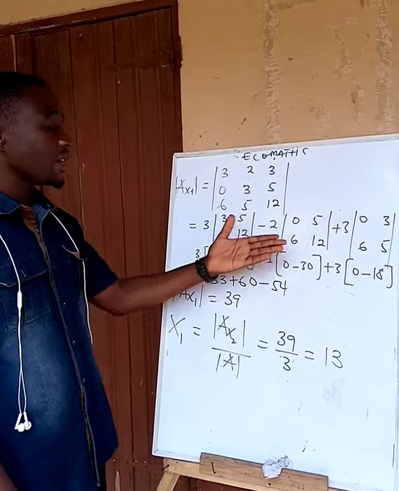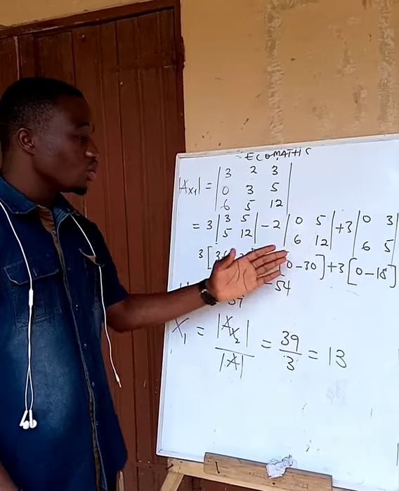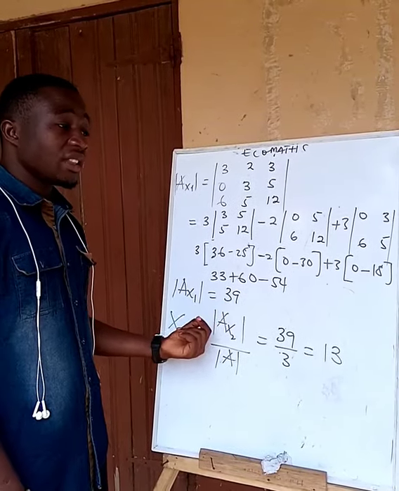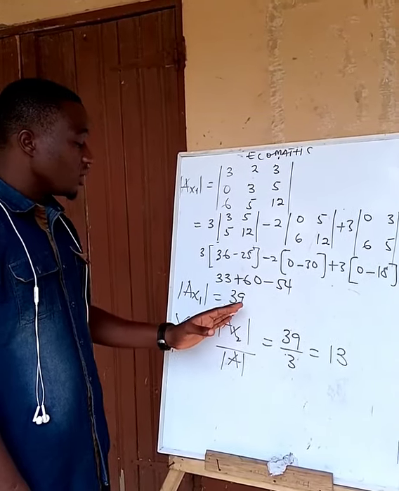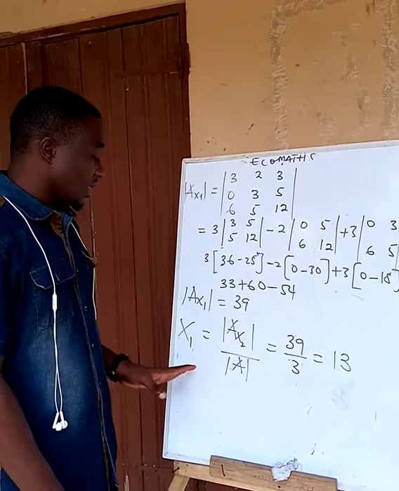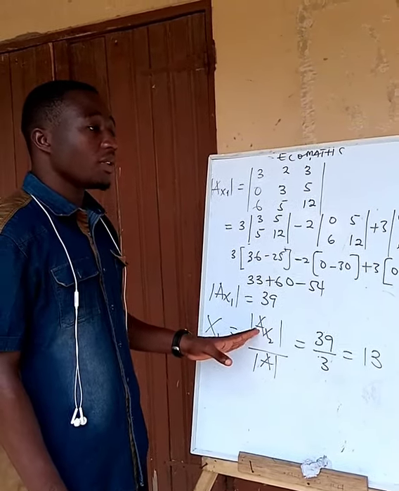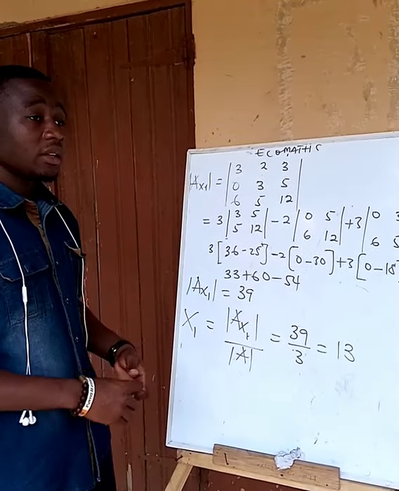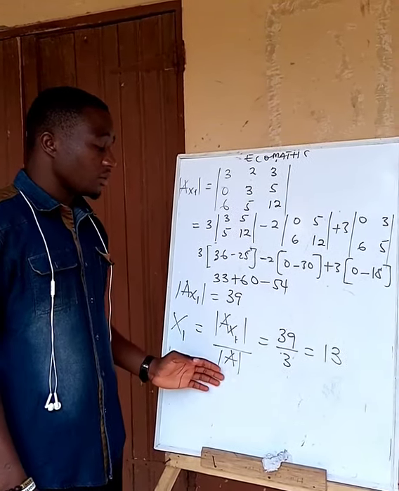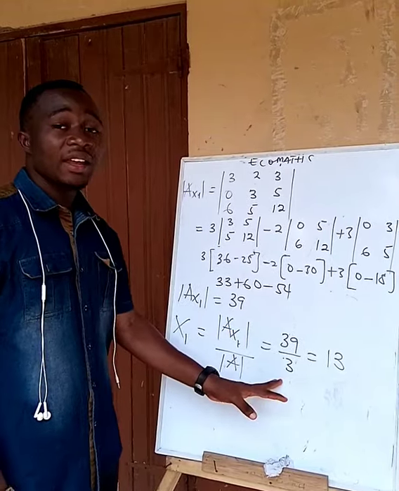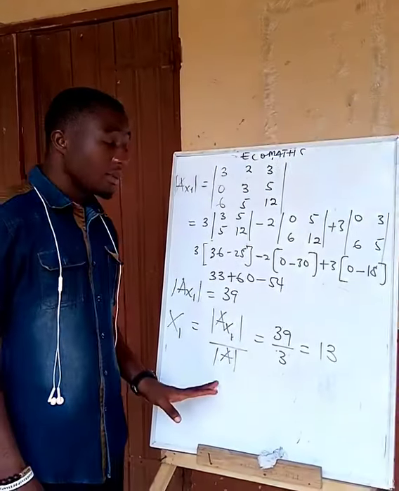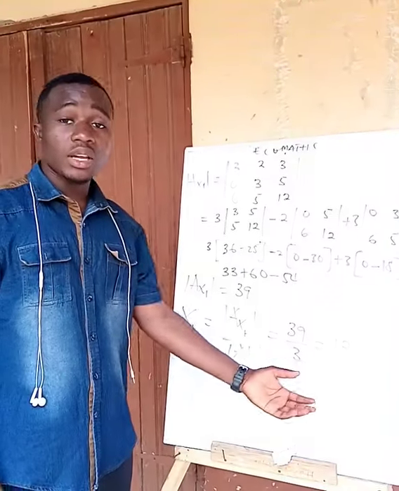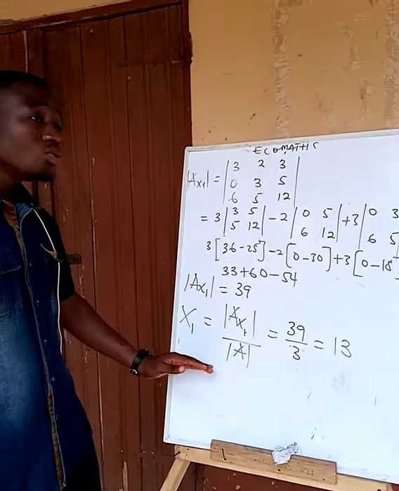In order to find the determinant, you need to go through the process of finding the determinant of a 3 by 3 matrix, and you arrive at 39. So when you do that, Cramer's rule says that you divide the determinant of A subscript x1 by the determinant of the coefficient matrix. So we have 39 divided by the determinant of the coefficient matrix, which is 39 over 3, and we'll get what? 13.